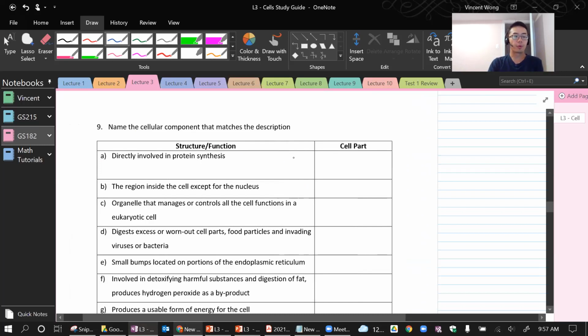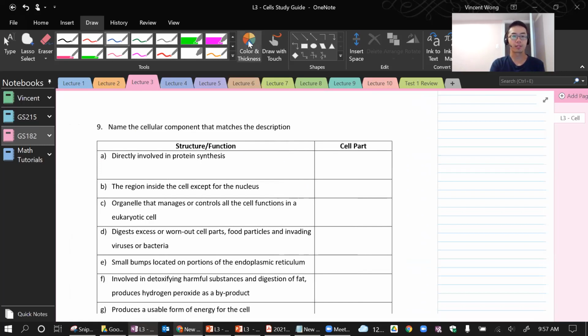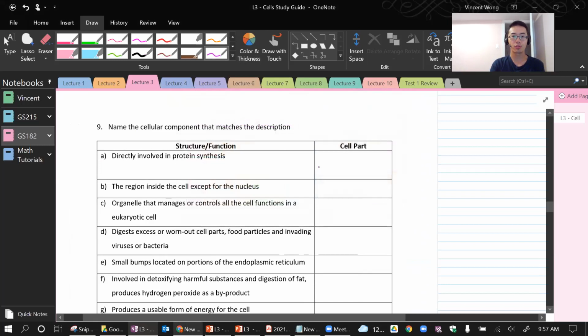Directly involved in protein synthesis. Based on what I taught you, you should know this is the ribosome. The region inside the cell, except for the nucleus, that would be the cytoplasm. Organelle that manages or controls all the cell functions in a eukaryotic cell, that would be the nucleus.